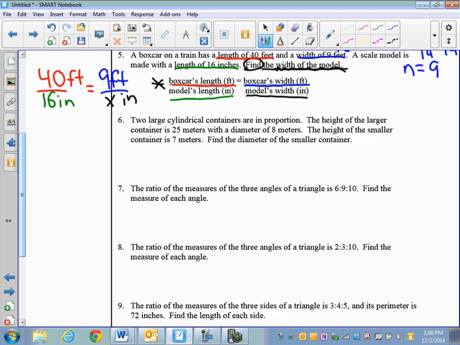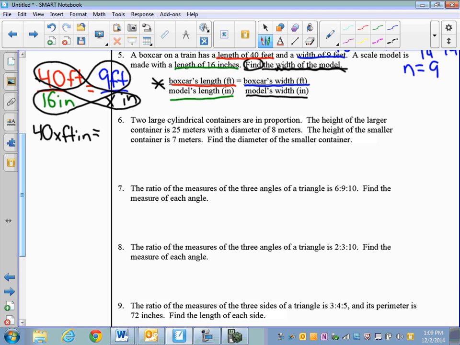So we can cross multiply this. A lot of you might be uneasy because we have feet and inches, but I'm multiplying feet times inches and feet times inches, so the units are good. Here's what's going to happen. When I cross the 40 and the x, I get 40x feet inches.